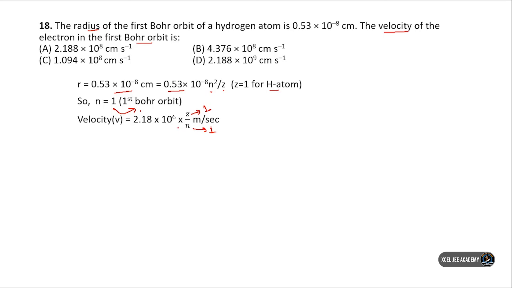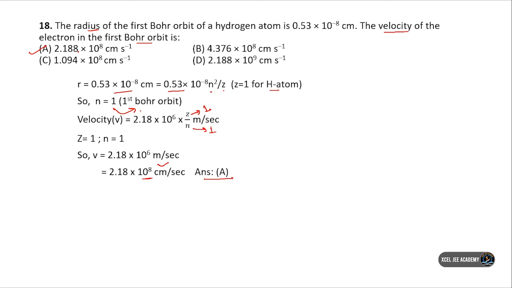So the velocity is equal to 2.18 into 10 to the power 6 meter per second. Now the unit which is given in the answer is centimeter per second, so we have to convert meter per second to centimeter per second. So multiplied by 100, which will give you the velocity equal to 2.18 multiplied by 10 to the power 8. So our answer is option number A.